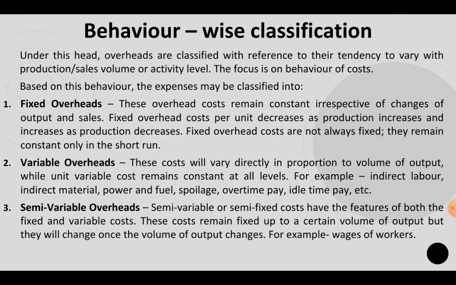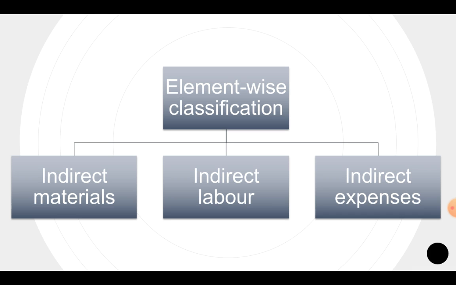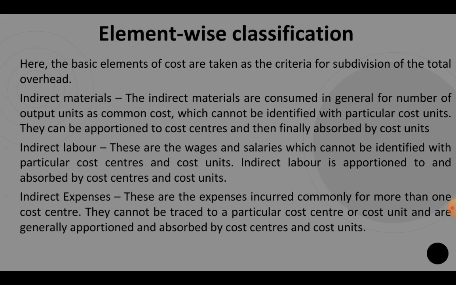The final classification that we're going to be talking about is the element-wise classification. Under element-wise classification of your cost, you have indirect materials, indirect labor, and indirect expenses. Basically, all of the costs relating to materials which are not going to be used directly, labor which is not directly affecting the main laborers, and expenses which are not direct expenses, all of these come under element-wise classification.